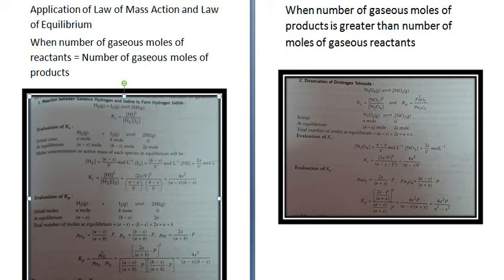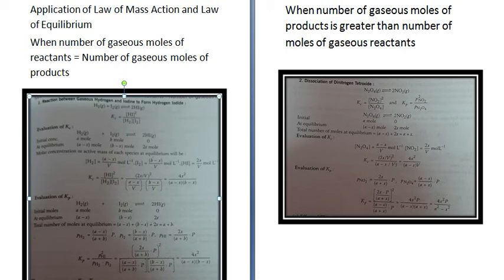Effect of changing pressure: the expression for Kc has V in the denominator, so an increase in pressure will decrease the volume, and to maintain a constant value of Kc, x will decrease. Hence a lesser amount of N2O4 will dissociate. Decrease in pressure will lead to greater dissociation of N2O4. If you decrease the pressure, the reaction will move in the forward direction.